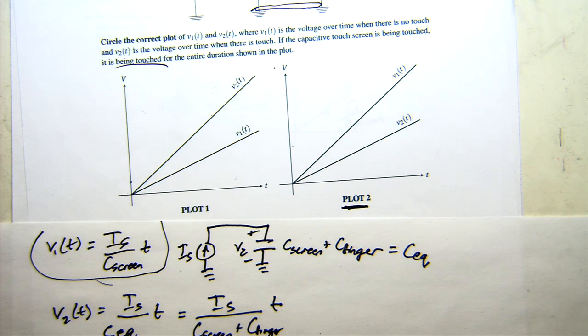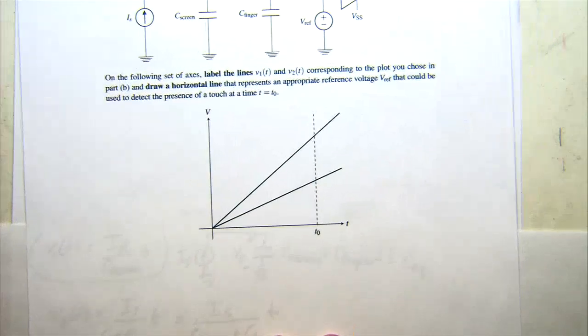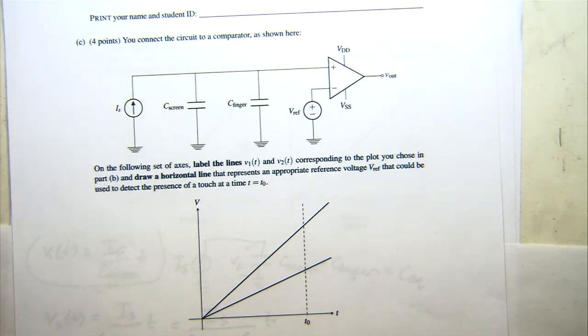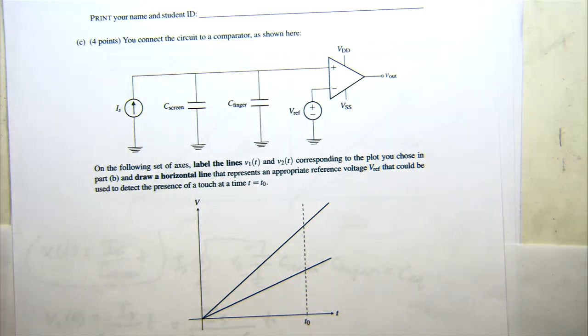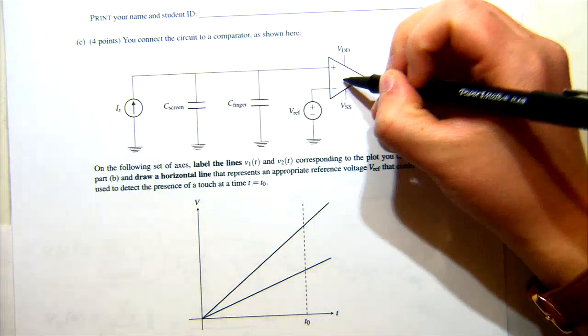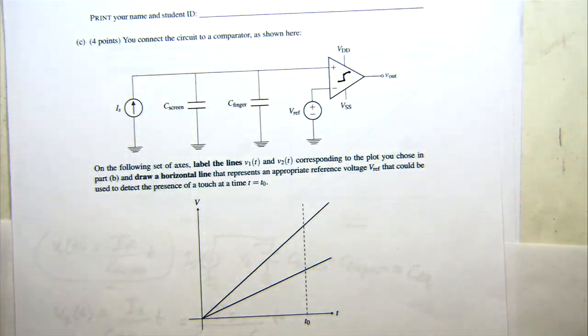So now we're going to look at part C. For part C, we're taking our configuration and plugging it into a comparator. They usually have this symbol, and we'll have a reference voltage.